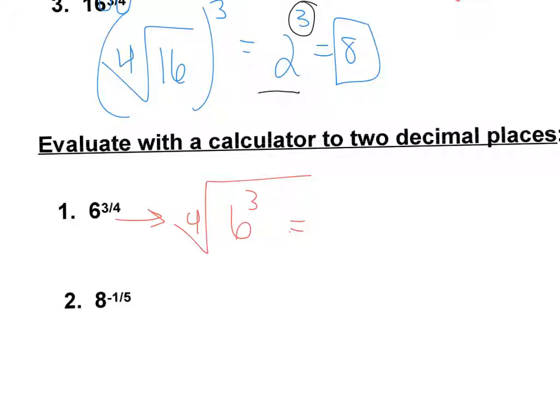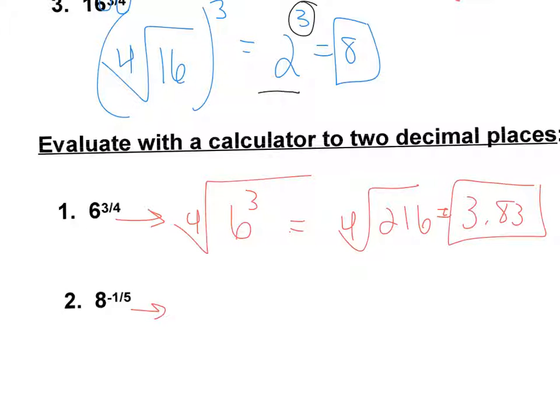Or you can do 6 to the 3rd, which is 216, and then do the 4th root of that in your calculator. If you wanted to do this option, you'd hit the 4, go to Math, go all the way down to where it has the x root of the radical, which is 5, and then you type in 216, and you get 3.83.